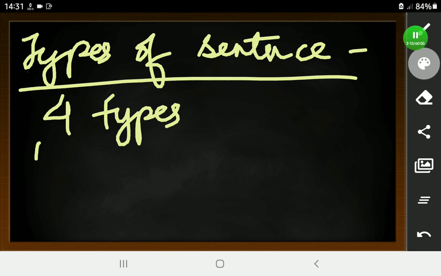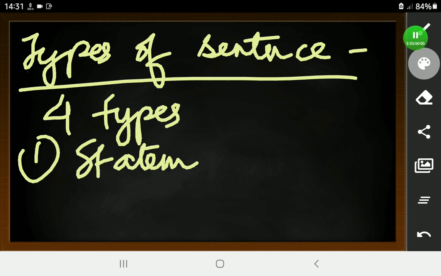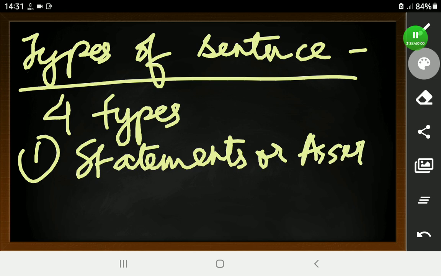Number 1, it is statement or assertion. Statements. Assertions. Number 2, interrogative sentences.